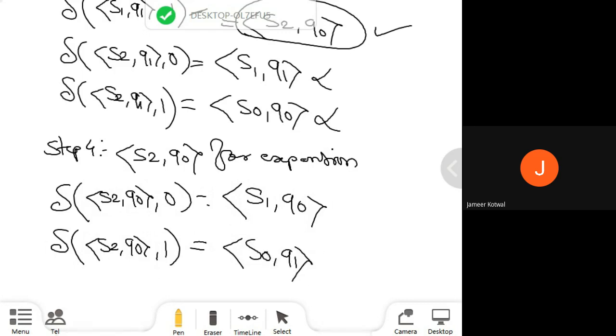Check whether a new subset is generated or not. S1 Q0 we have already processed, बरोबर? S1 Q0 हा आपण step number 2 मध्ये process केले, बरोबर? So this one is not a new subset, right? And S0 Q1 we have similarly processed in step number 2. So this is also not a new subset. So we have stopped expanding the subset and we have reached the final stage.